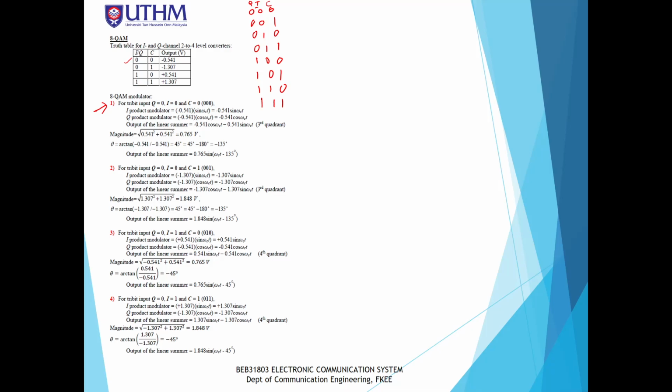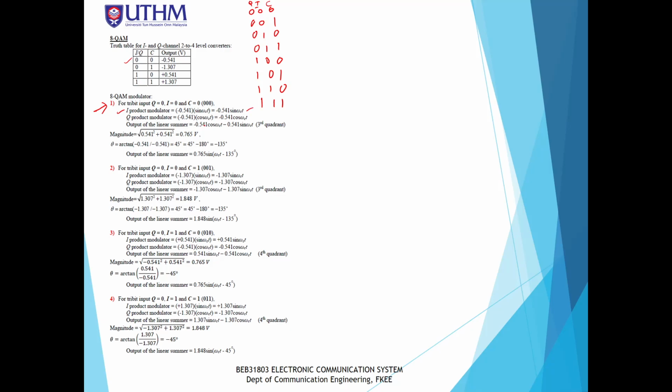and then we multiply with the product modulator, with sine for the I channel and cosine for the Q channel. So for the I channel, we will produce negative 0.541 sine omega ct.